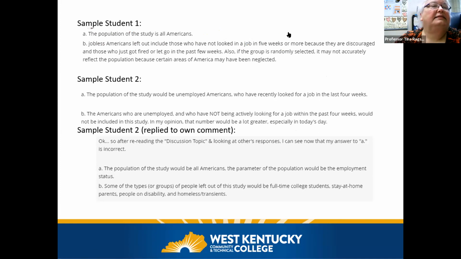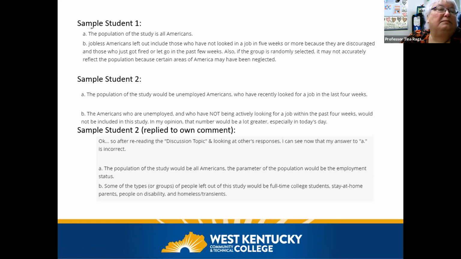So the population of the study is all Americans. The jobless Americans left out include those who have not looked for a job in 5 weeks or more because they are discouraged, and those who got fired or let go in the past few weeks.